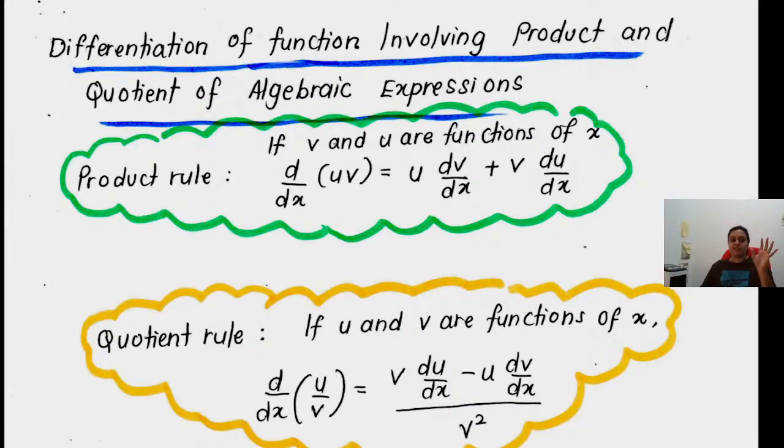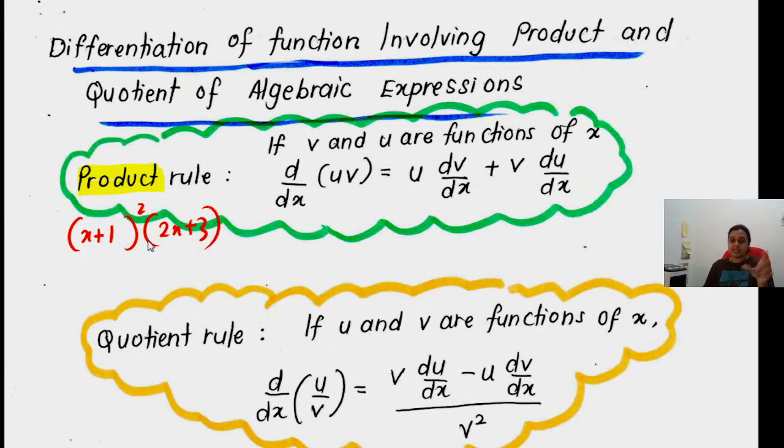Okay, so when to use product rule? Remember, see the word product. Product means you use when you have two terms. That means usually, this is your clue, you will have two brackets. You have two brackets inside, for example, x plus 1 square, 2x plus 3, like that.